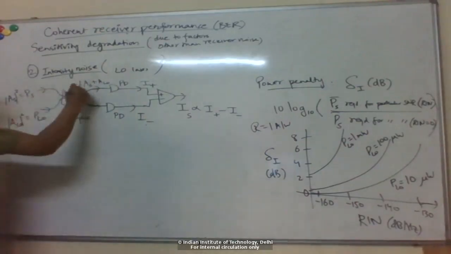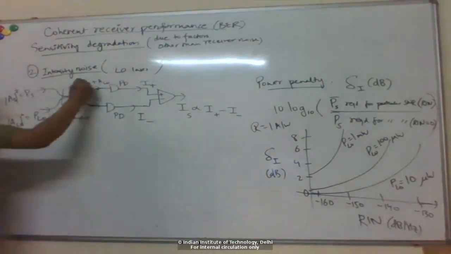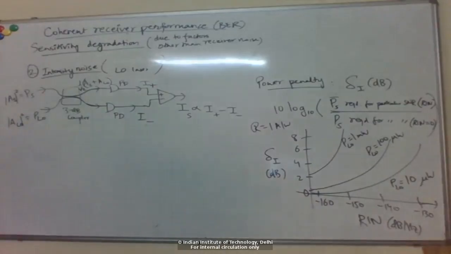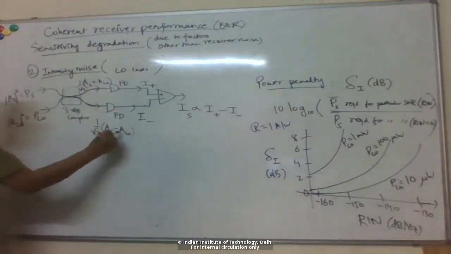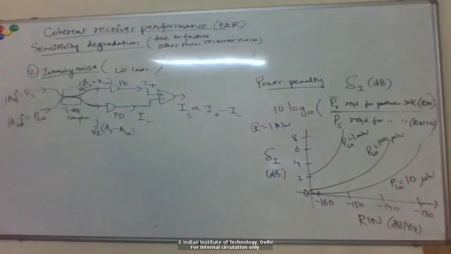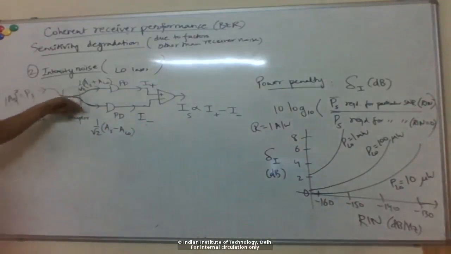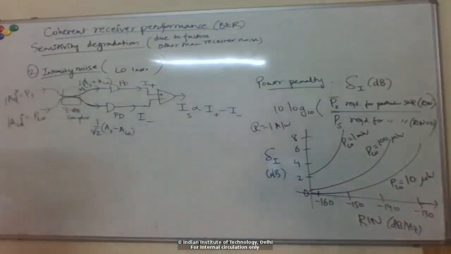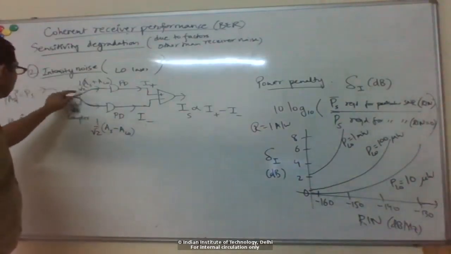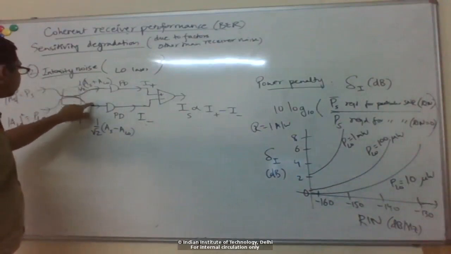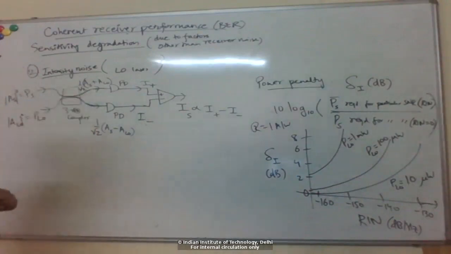Or, to be more precise, I could add a 1 by square root 2 here. And in the other port, they add up with a phase difference of pi, right? So recall our discussion from the previous fiber optics course. The fields add up with different phases in the two ports.